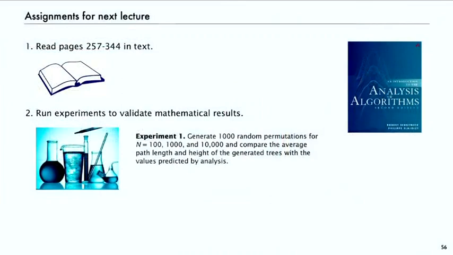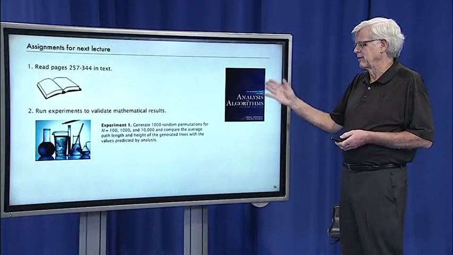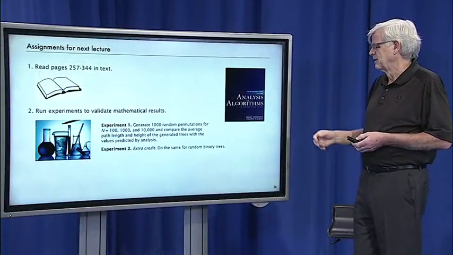Another thing that some people might want to do is to run some experiments to validate the mathematical results we've talked about. For example, generate some random permutations, build binary search trees, look at the average that you get, and check that it's 2n natural log n. It's always worthwhile to do that. It's a little bit of programming, but for many programmers that's no problem at all.